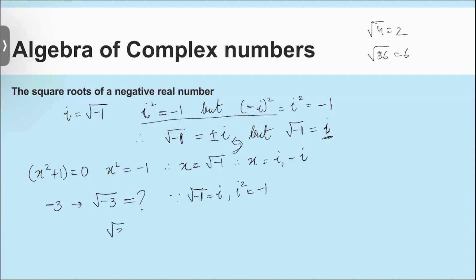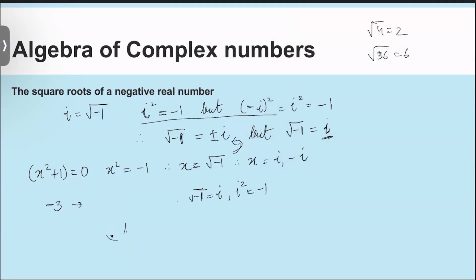What you are left with is root 3 i squared, so minus root 3 i squared. This way you can convert this into a positive number. Now if you try to square it, actually sorry, we are supposed to consider it differently.